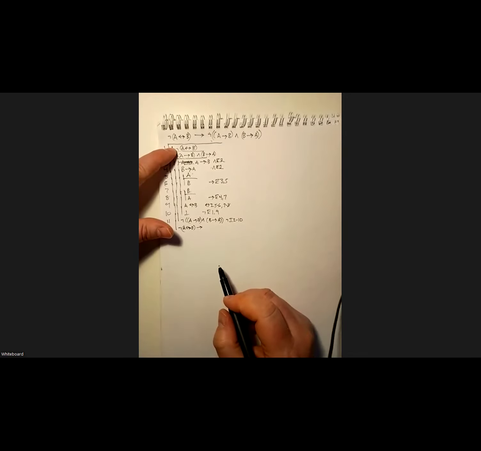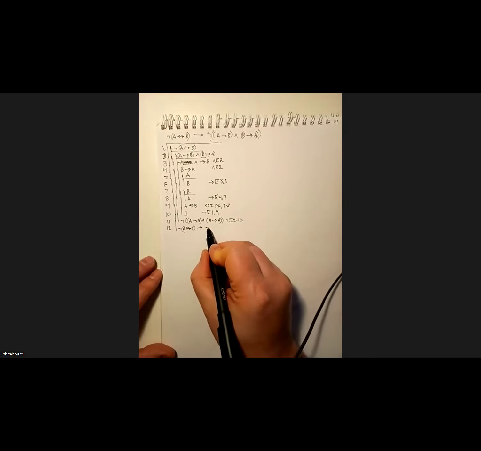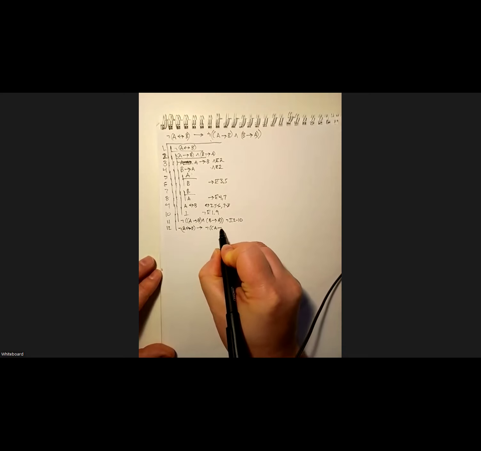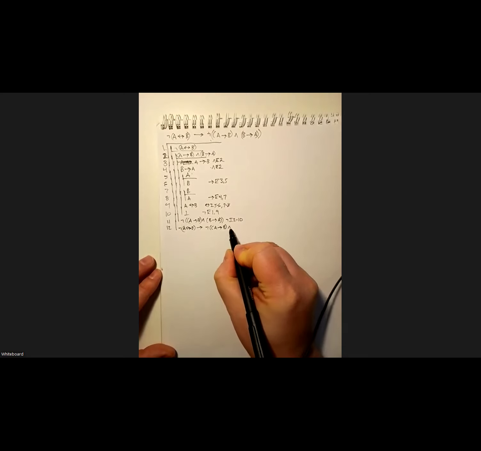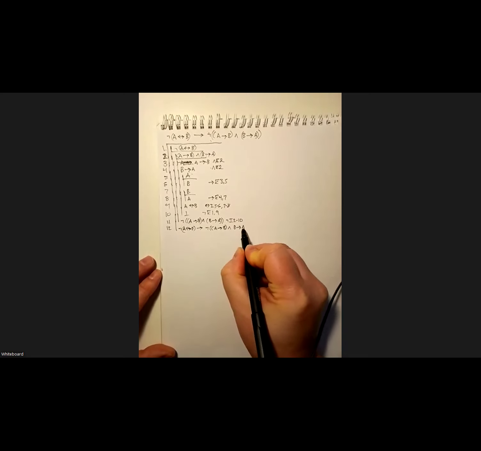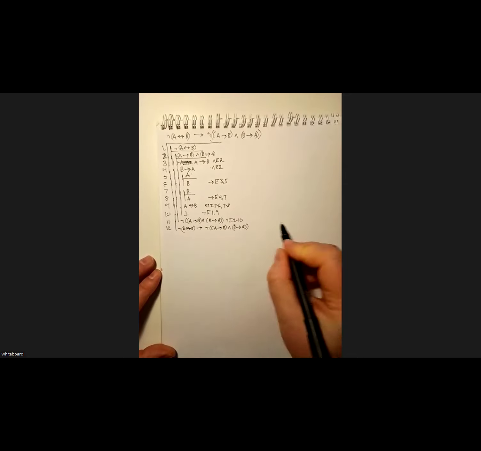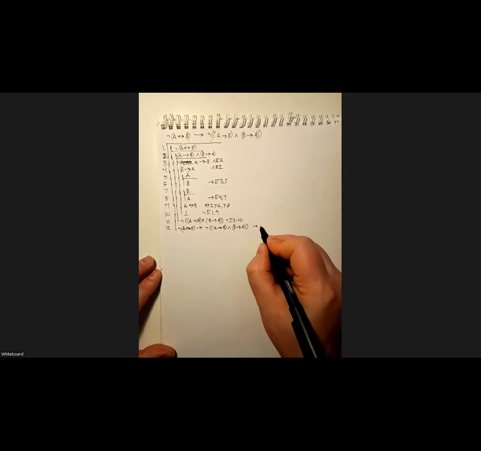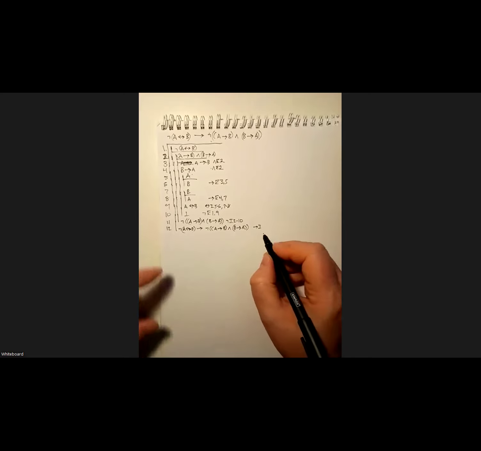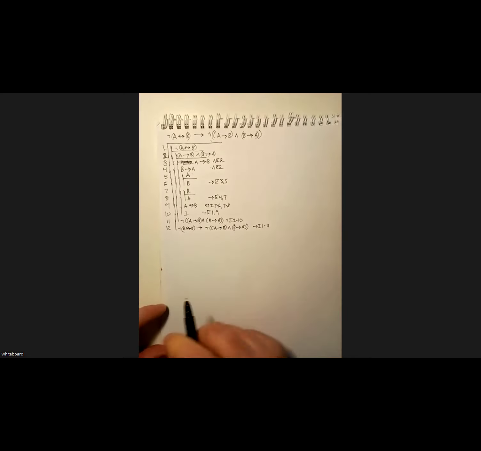Take our would-be antecedent and our would-be consequent. And that's conditional introduction, 1 through 11. And hey, there we go. Zoom in a little bit so you can actually read my terrible handwriting.